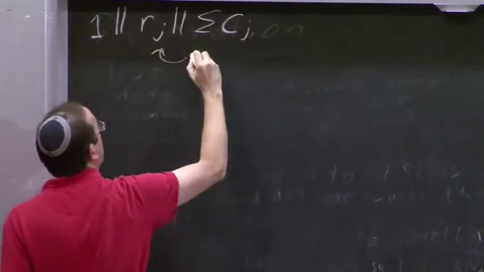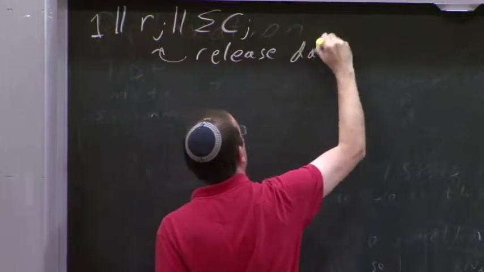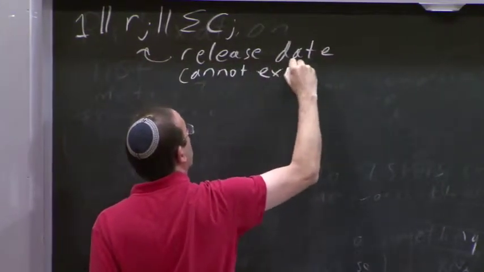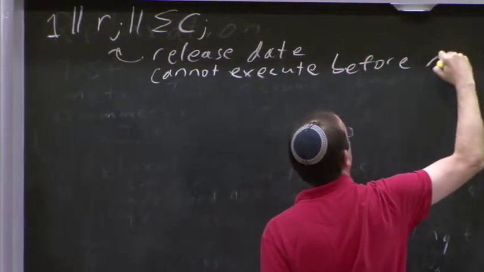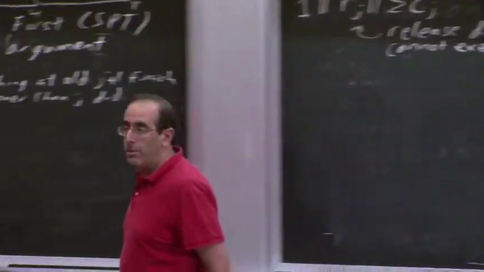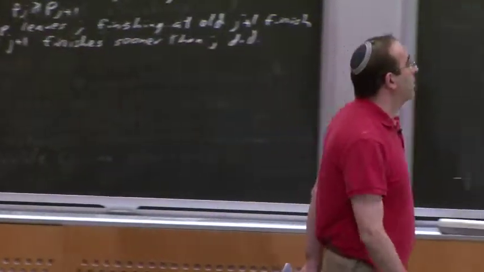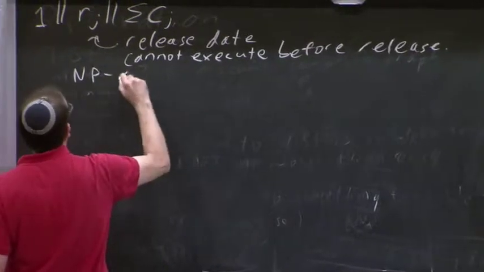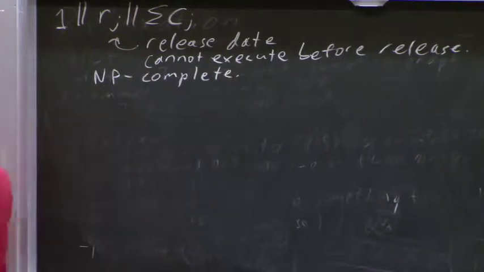So now each job comes with a release date, and you cannot execute the job before the release date. This makes the problem somewhat harder, namely NP-complete. Well, it might not be harder. We don't know for sure, but at least for us, it's harder.